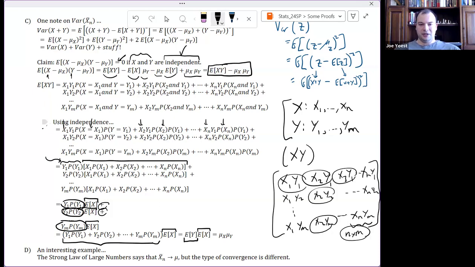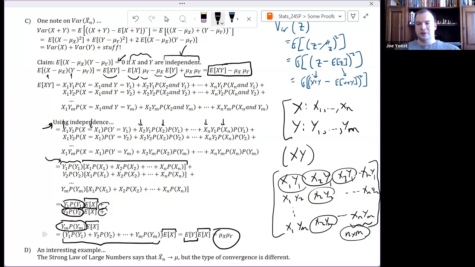So I used independence here. I leaned heavily on that so I could split all of these ands into products of two probabilities. And I absolutely needed that in order to start factoring stuff out. But as soon as I could factor stuff out, I could collect things and recognize expected values here and there.